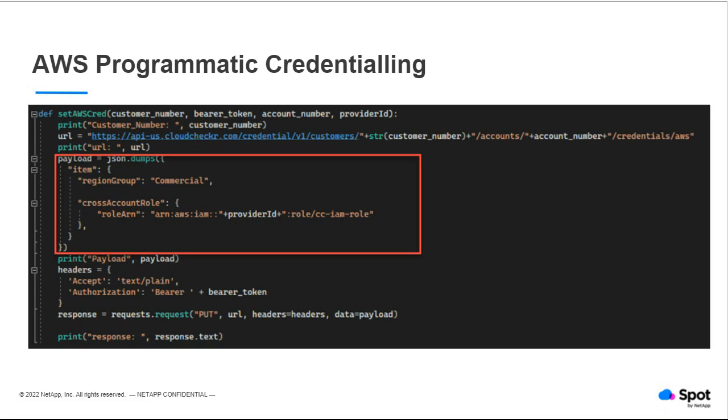So we'll have the bearer token, the account number, and the provider ID, and you can see that the payload will loop through. I'm just changing the provider ID because it makes it a lot simpler to roll through each one of the accounts that need credentialed, as long as we have all that information there.